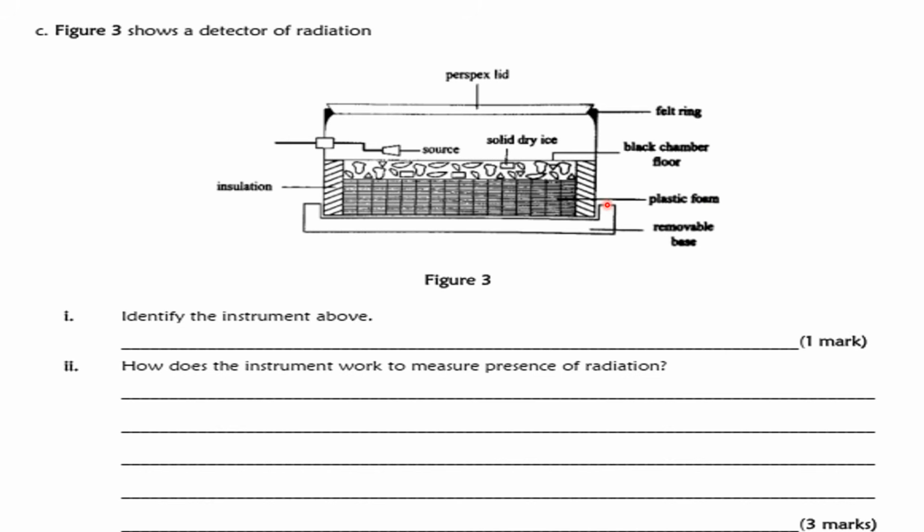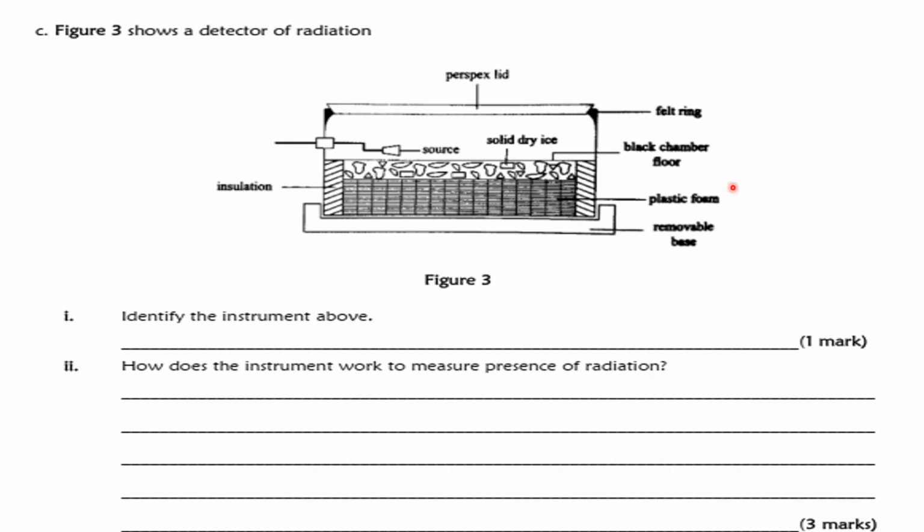So we have a base here, removable base placed there. Then we have the solid dry ice and a source of radiation over there, a lid, and felt rings like that.